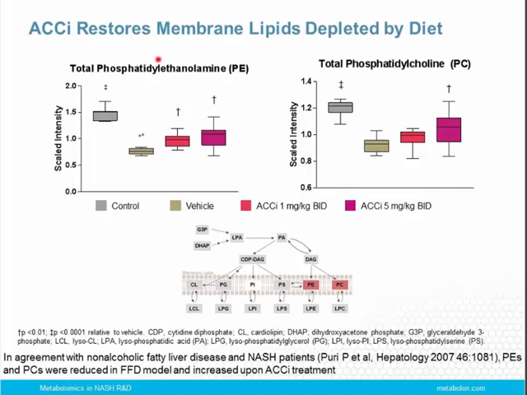And those include these membrane phospholipids, phosphatidylethanolamine and phosphatidylcholine. And this is of interest because it's been published that levels of these membrane phospholipids are reduced in the setting of NASH. And they are in our models as well. As you can see, the vehicle animals are reduced relative to the lean controls in gray. And then the levels of these phospholipids are increased.